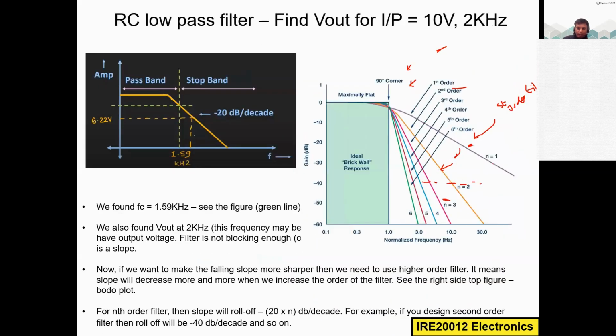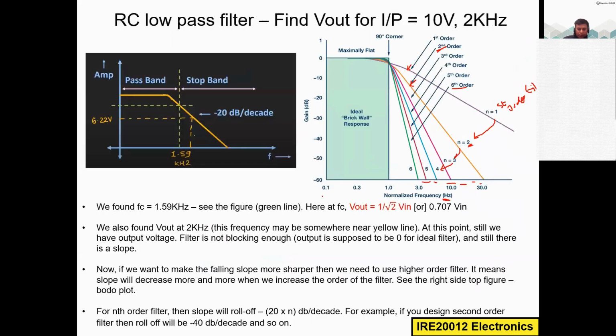So for an nth order filter, the slope will roll off, meaning fall down, minus 20 times n dB per decade. For example, if you design a second order filter, the roll off will be minus 40 dB per decade. A third order filter will be minus 60 dB per decade, and so on.